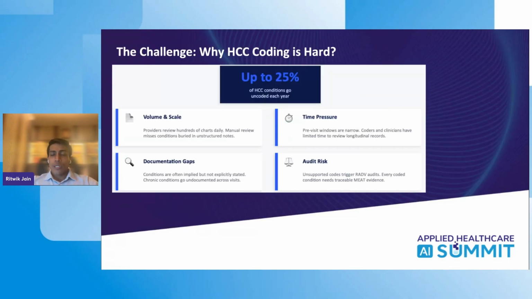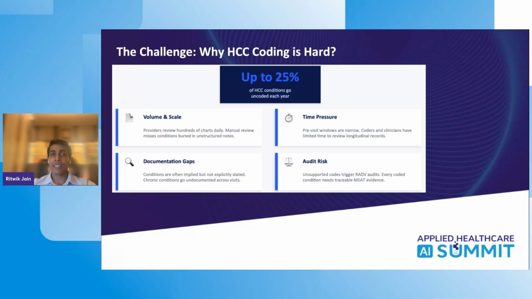So, the challenge with HCC coding and why it's actually hard. Now we understand what risk adjustment and HCC coding is. I'm going to be very direct: it is an extremely hard and very complex problem. AI claims to have fixed it, but it really hasn't. To put numbers in perspective, 25% of HCC conditions still go uncoded every single year, even after we have had advanced technologies in place in the space.